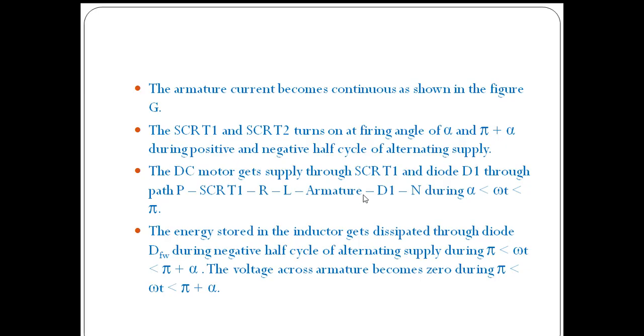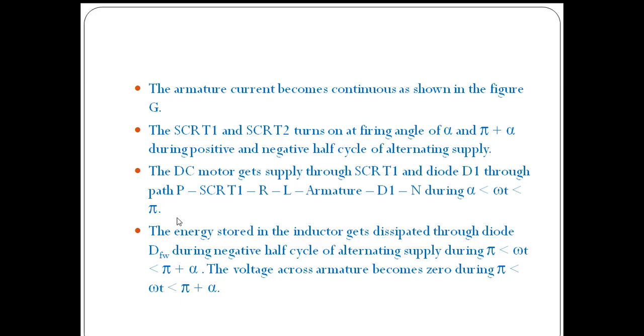The motor gets supplied through SCR T1 and diode D1, and the path will be from point P, SCR T1, load resistance RL, armature, and the diode D1 to the negative terminal during the portion alpha to pi. The energy stored in the inductor gets dissipated through the freewheeling diode during the negative half cycle of the supply, during the portion pi to pi plus alpha.